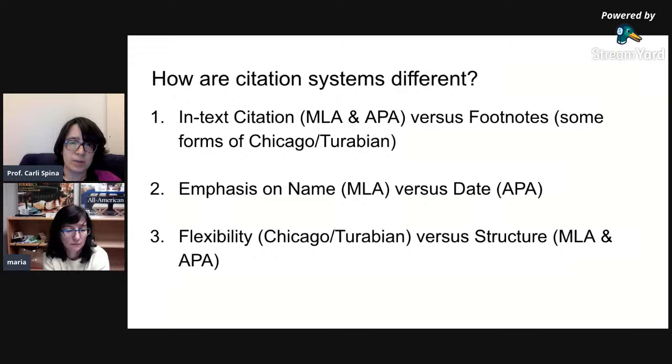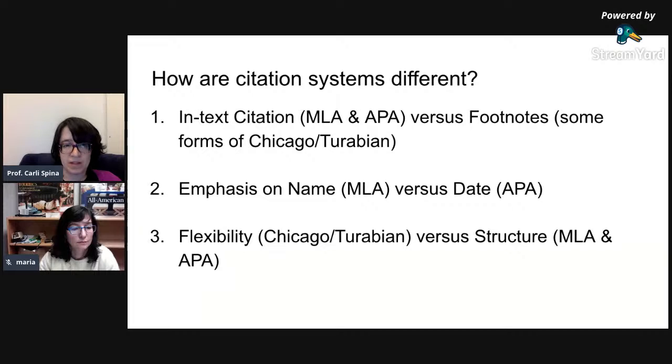There's also a more streamlined version, which is what Turabian is. Basically, the difference between Chicago and Turabian is the actual book that's used for each of those. Chicago is a very detailed, publisher-focused book that is something like 1,000 pages long, whereas Turabian is a more streamlined version of this that's available for students.